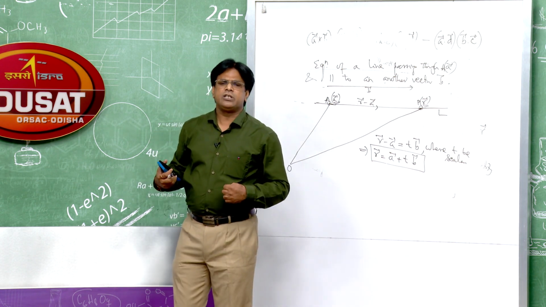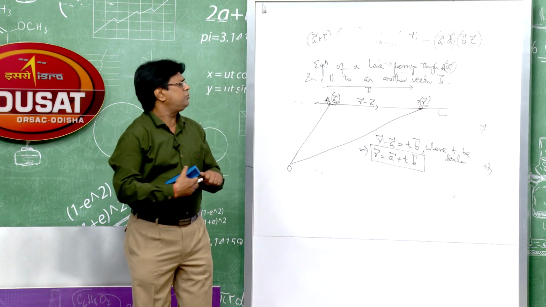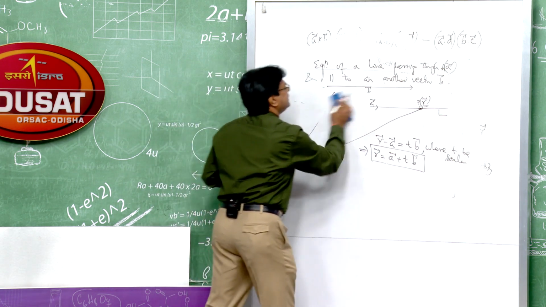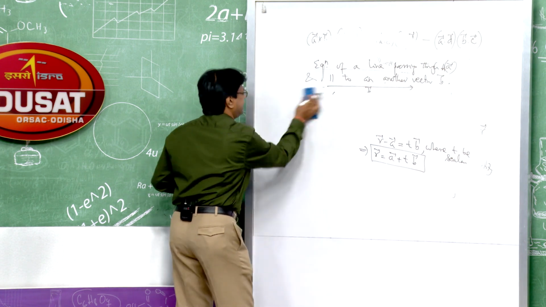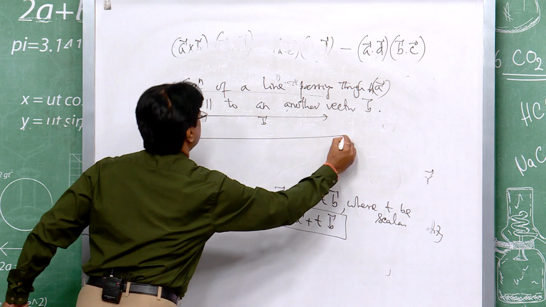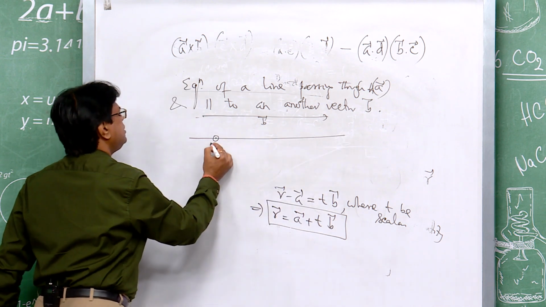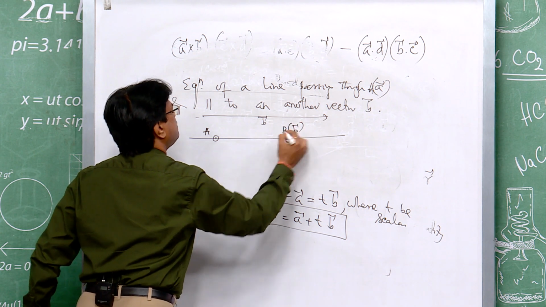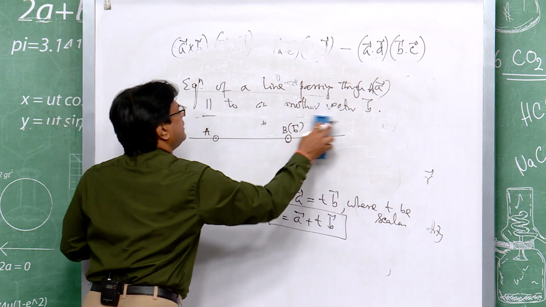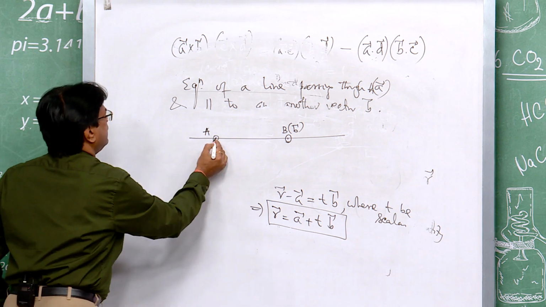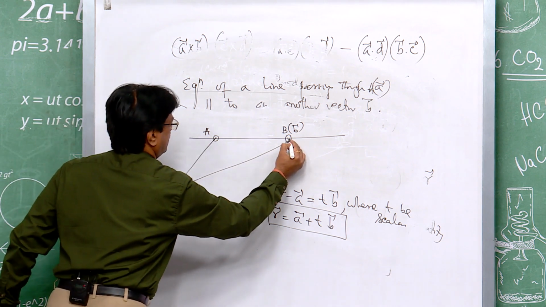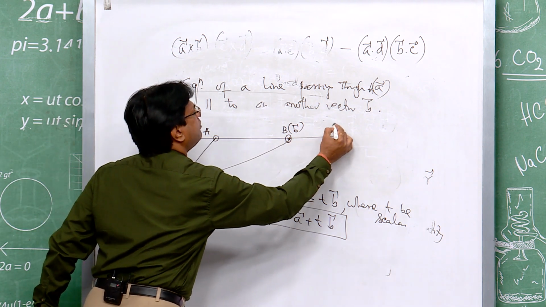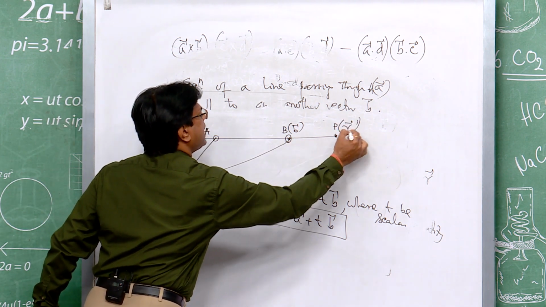Similarly, the vector equation of a line passing through 2 points. Suppose this is your A, this is your B, with position vectors A and B. Now we take another point with a variable position vector r.